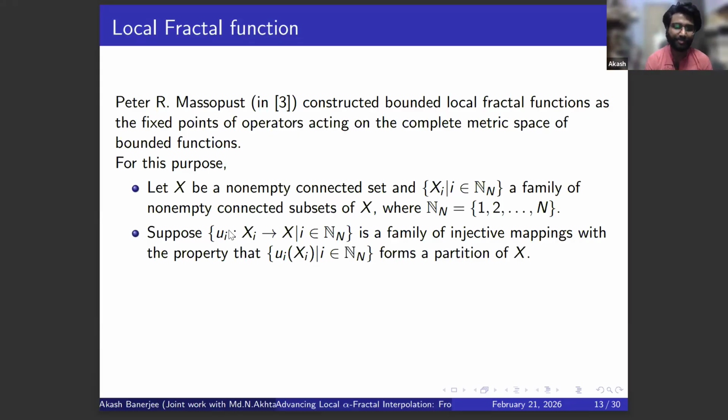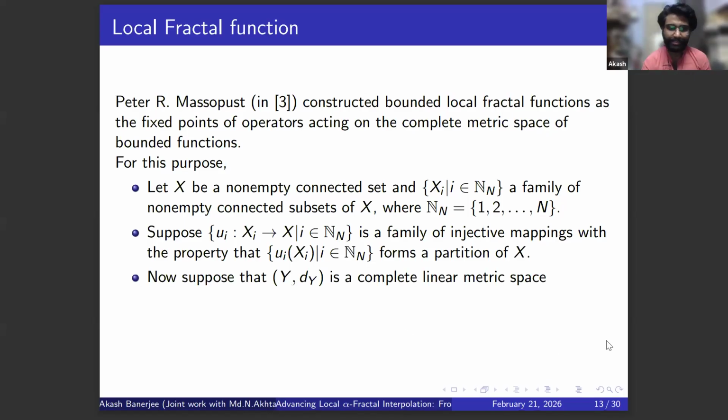This is the opposite of that: ui takes a smaller subset Xi to the larger set X. These ui's are injective mappings with the property that the ui of Xi form a partition of X. So we can say that the ui of Xi's are the generalization of those smaller subintervals [tn-1, tn].